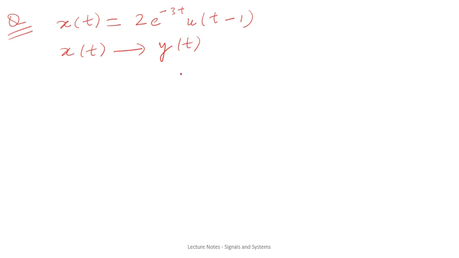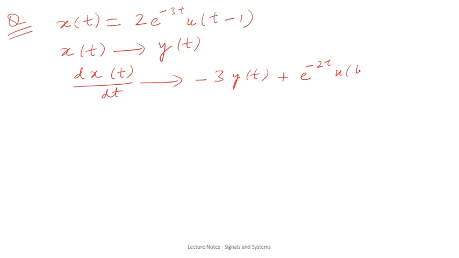This represents the input output relationship, that is, if x(t) represents the input, it will give you the response as y(t). And if this is the input, then the response will be -3y(t) + e^(-2t) u(t).